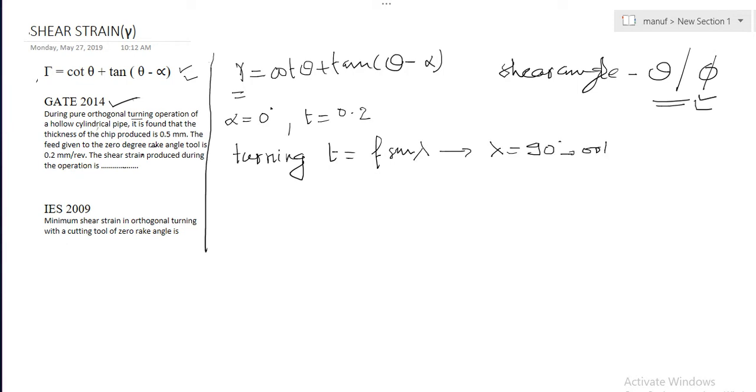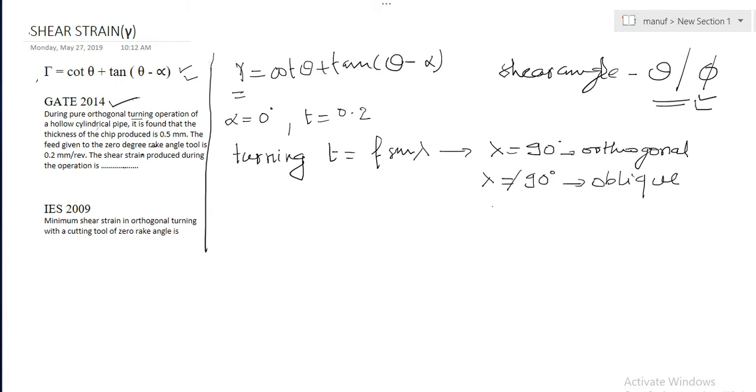But in case of oblique turning, it is not equal to 90 degree. So I can write T equal to this.